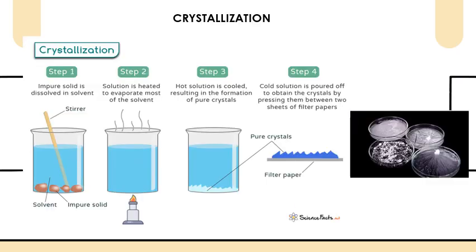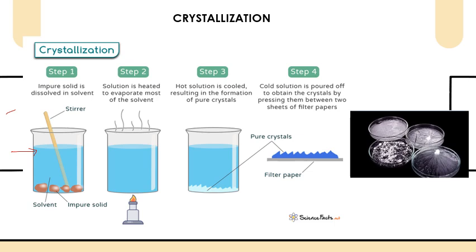This is an illustration of the crystallization process as an example. So we have an impure solid. It is dissolved in the selected solvent. The solvent is selected based on the solubility of that particular solute, and the solution is heated to evaporate most of the solvent.